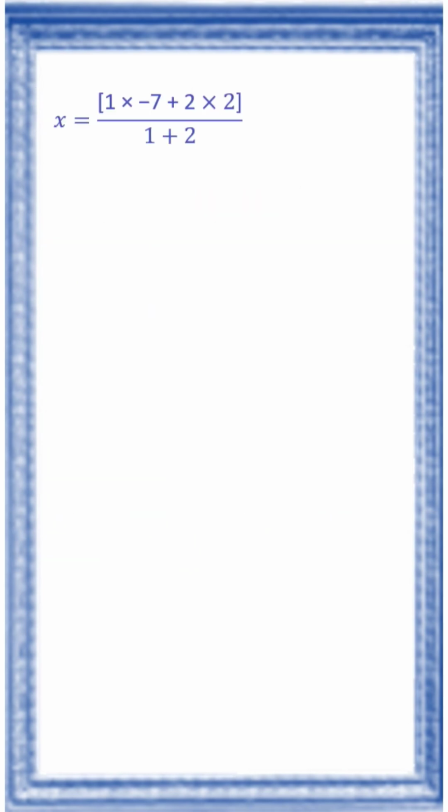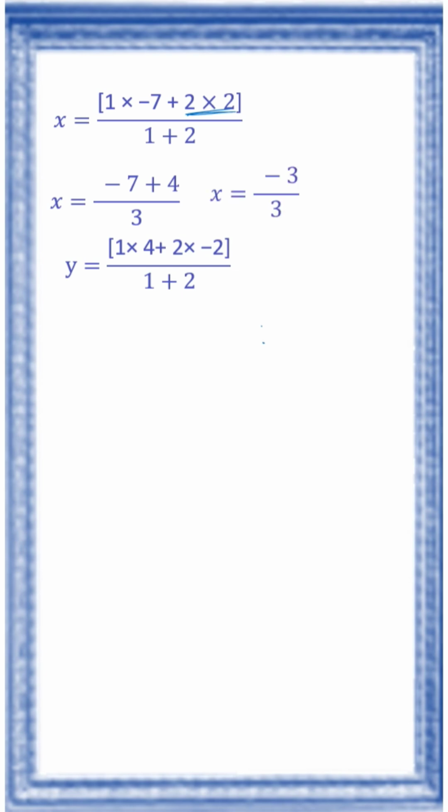Now let us substitute the values. x is equal to m1 x2 plus m2 into x1. What happens? 1 into minus 7 is minus 7, 2 into 2 is 4. Minus 7 plus 4 is minus 3 by 3, that is equal to negative of 1.